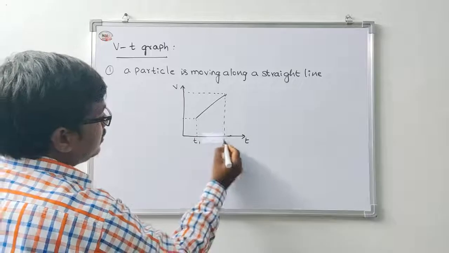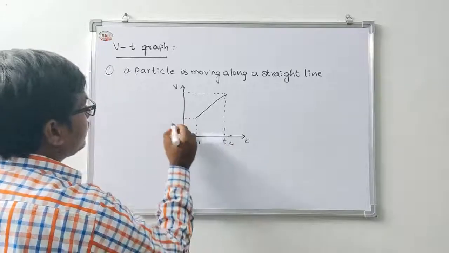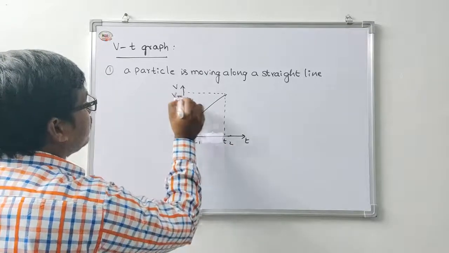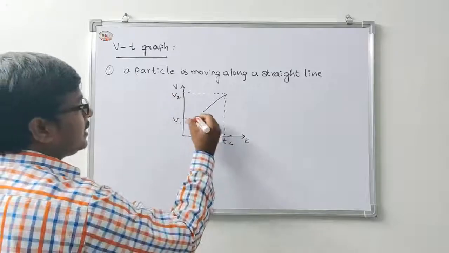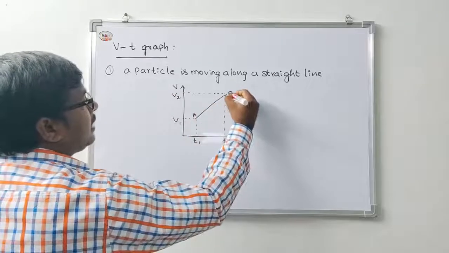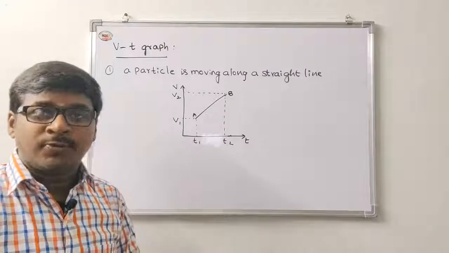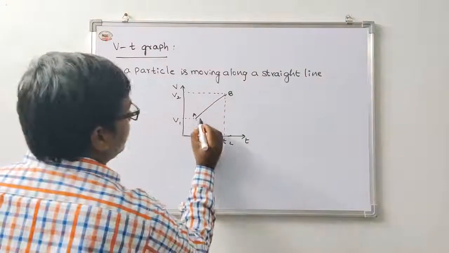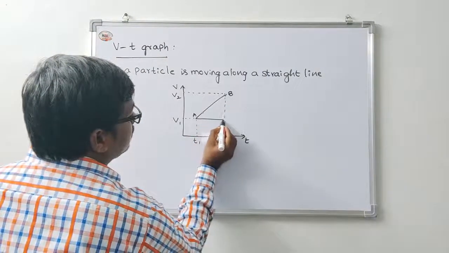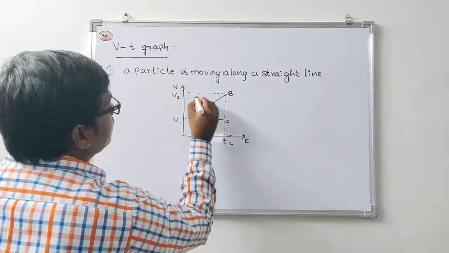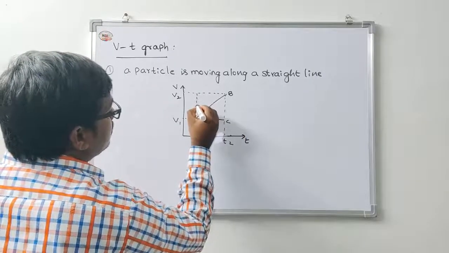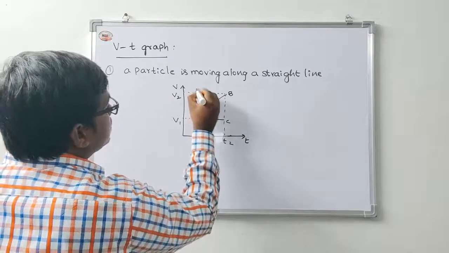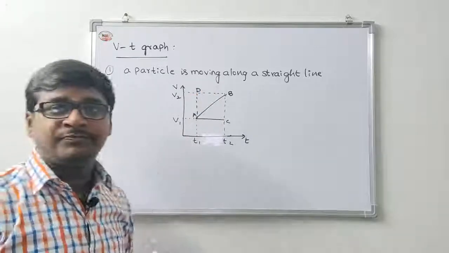So T1, T2, V1, V2. This AB line is along a straight line. A, B, C, and this is D, ABCD.